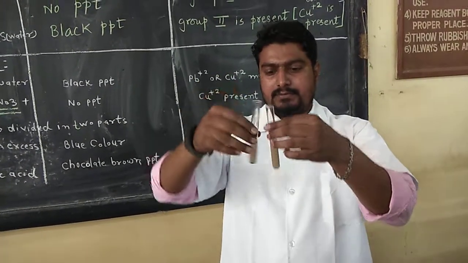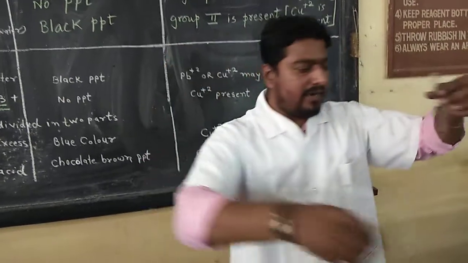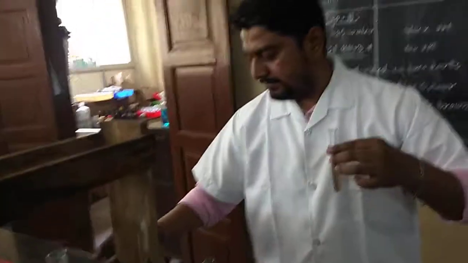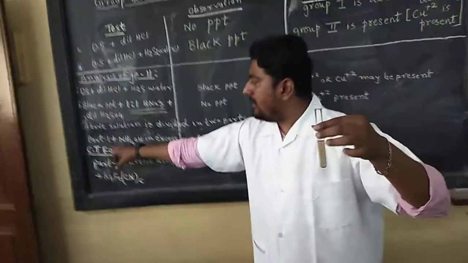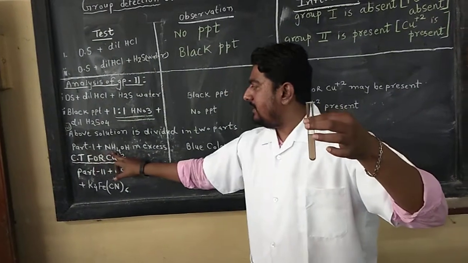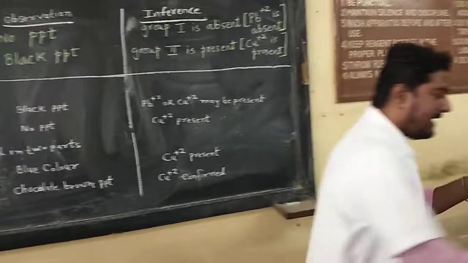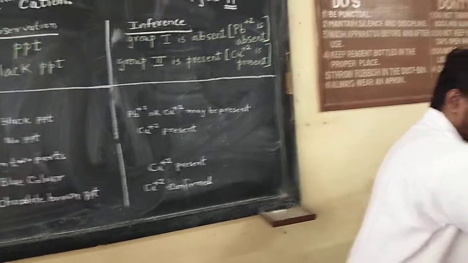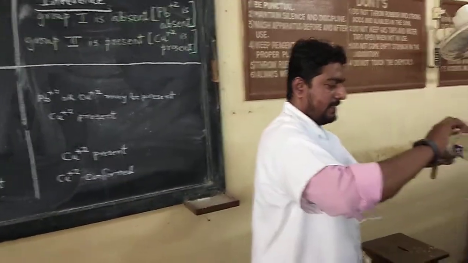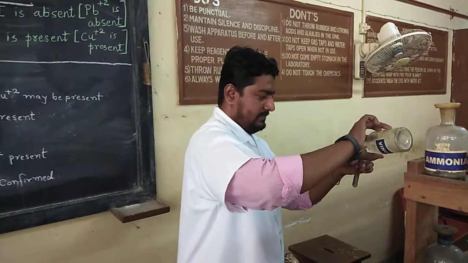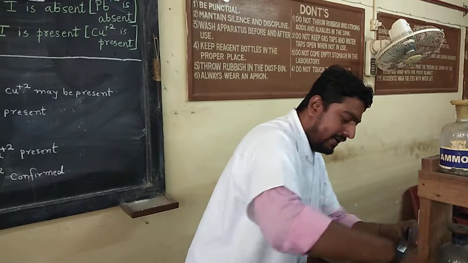I have divided it into two parts, and half of the part I am using. So this is part 1. We have to add NH4OH, ammonium hydroxide, in excess. So here I am adding NH4OH in excess.